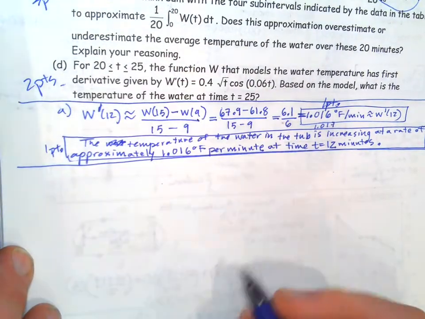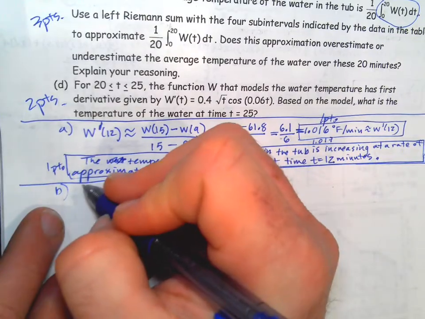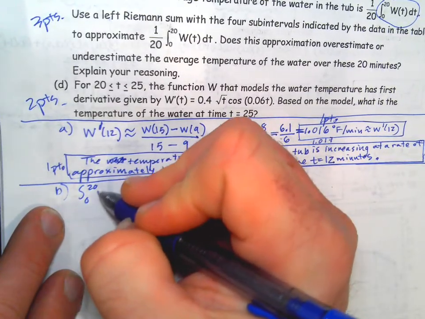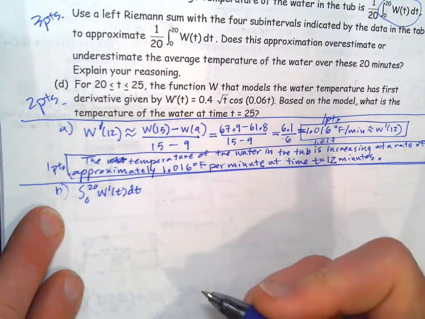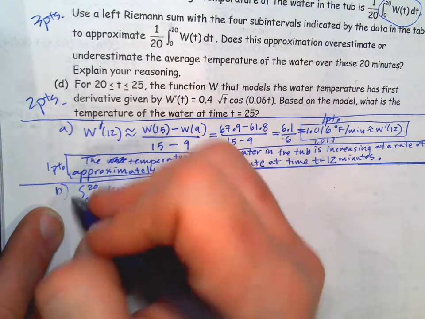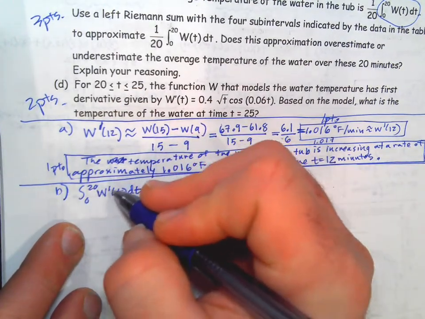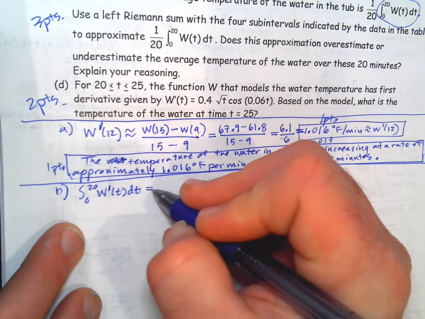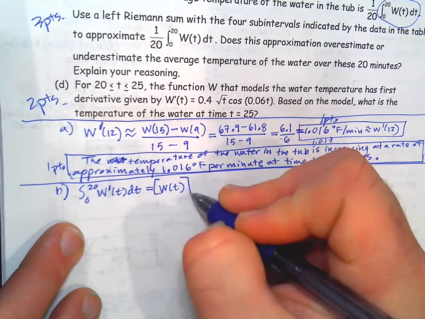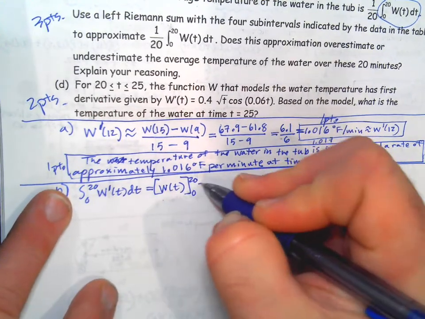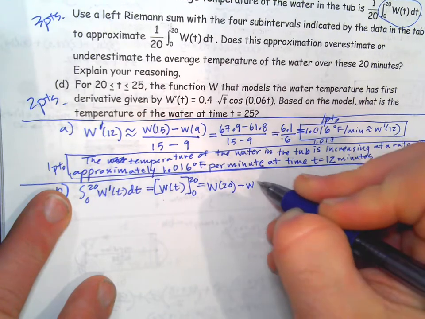B says, use the data in the table to evaluate the integral from 0 to 20 of W'(t) dt. Using correct units, interpret the meaning in the context of the problem. I don't know if we've done this a lot, but you should know that if you integrate W', you're going to get W. Then you plug the limits in: top first, bottom second, subtract.